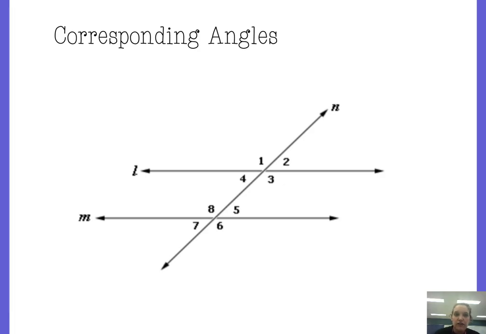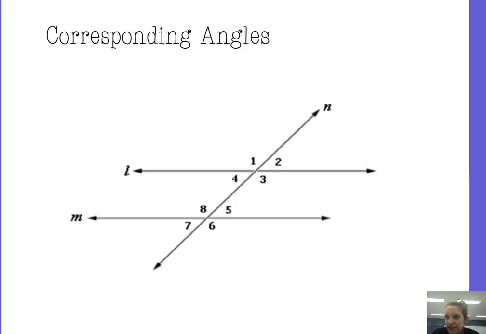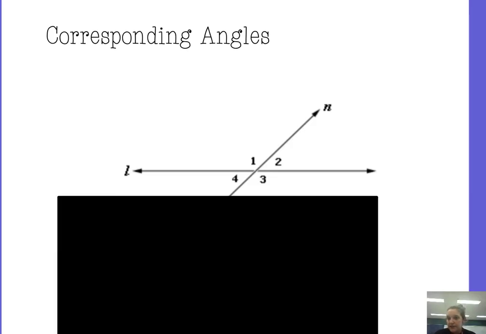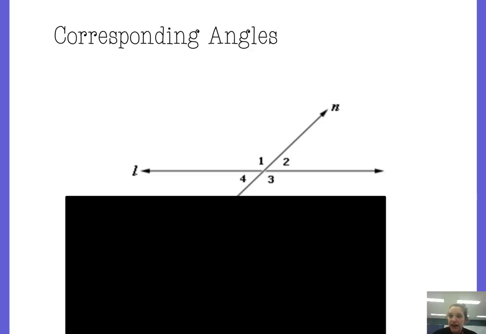And then the last type is called corresponding. Okay, well, I was going to show the shortcut, but first I'll talk you through it. Okay, so if I'm just looking at these four angles, do you agree that I have a top left angle, a top right angle, a bottom left angle, and a bottom right angle?